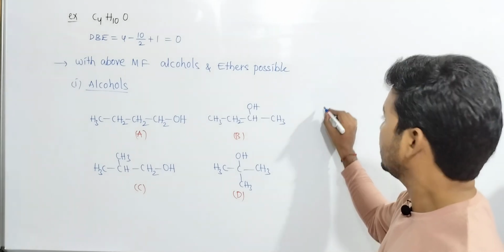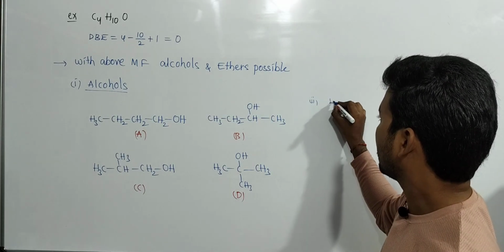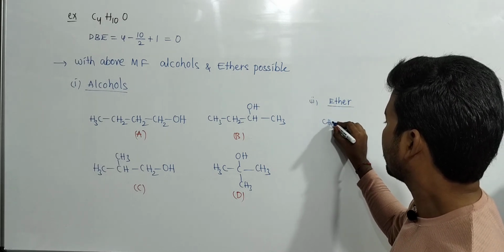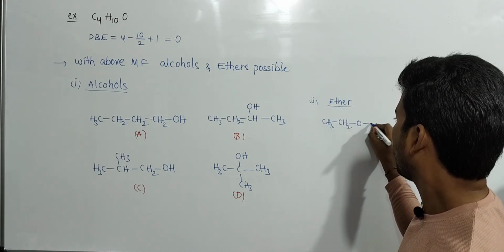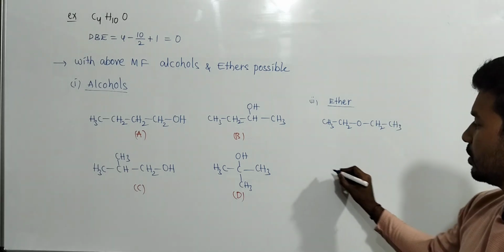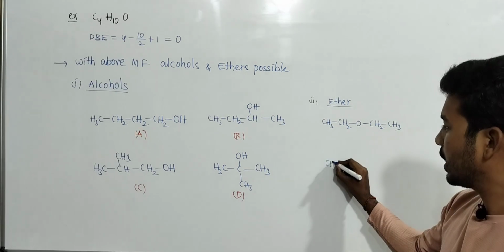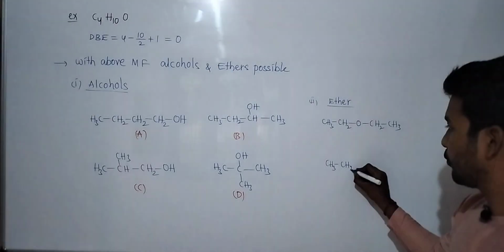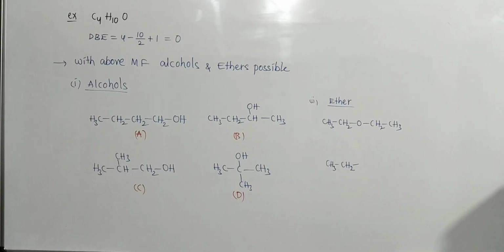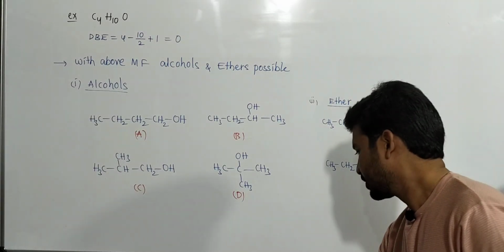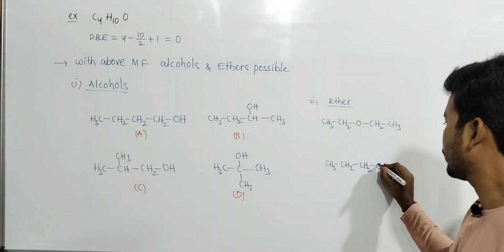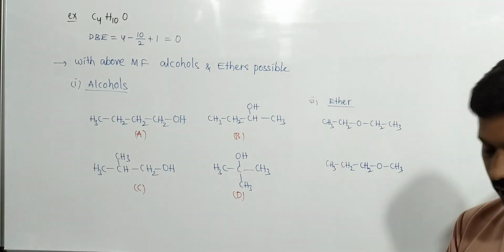Next, with ethers, I can write ethers with this molecular formula. CH3, CH2, O, CH2, CH3, this is 1. Next, CH3, CH2, CH2, OCH3, this is another.